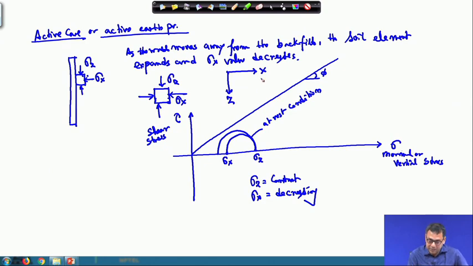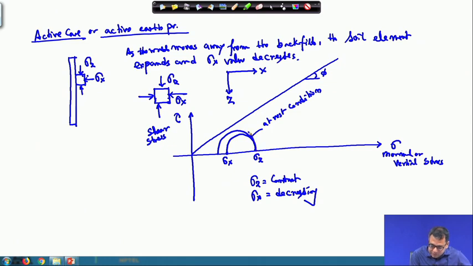So, that means there will be a limit or minimum value of sigma x, at which your full active stress or active condition is developed. After that, there will be failure, because as I mentioned, it is in equilibrium condition. We are just considering it will not fail, just that it is in equilibrium condition.